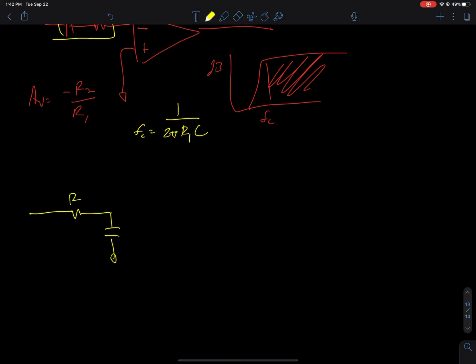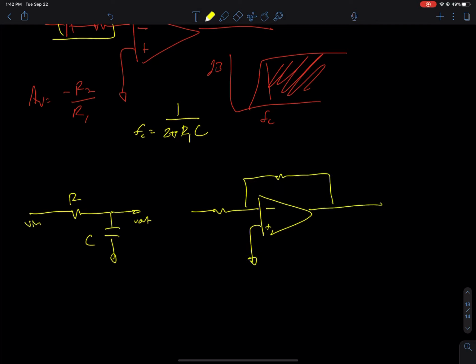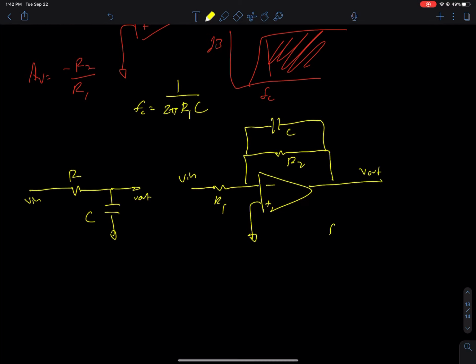Now, if we're going to do the low pass, the op amp would look like this: R2, C, R1, V out, V in. And your cutoff frequency would be 1 over 2 pi R2C. Got it? Thanks.